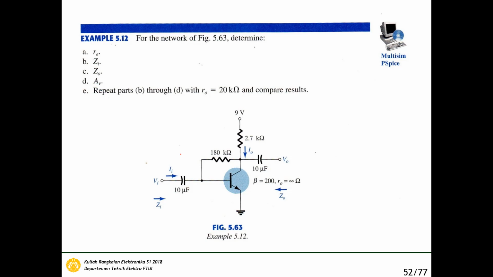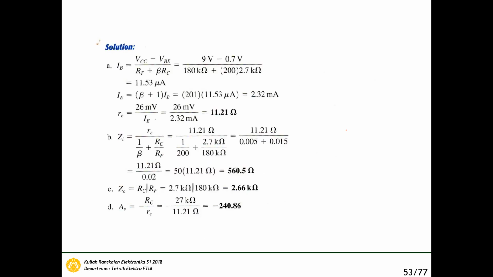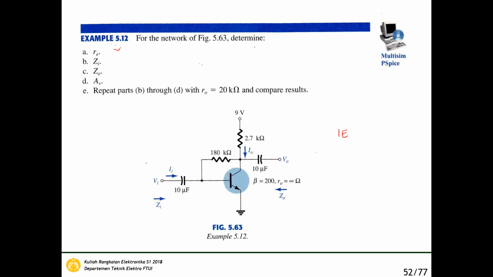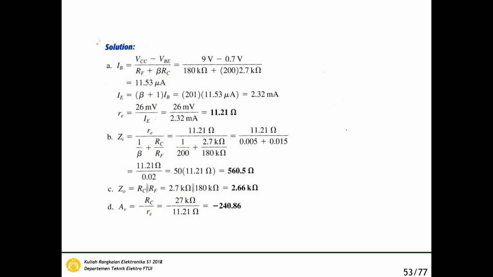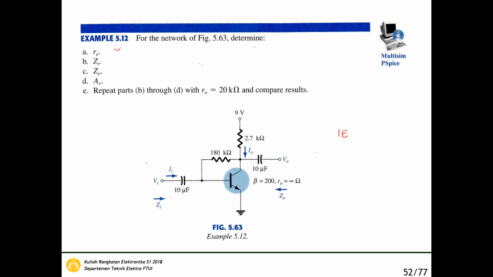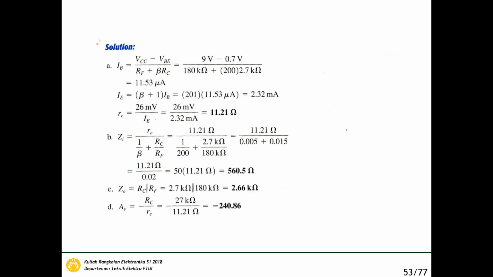So for this network, determine these parameters. The first one, we have to calculate RE, so we have to calculate the IE here. So for IE, VCC minus VBE per RF plus beta RC. We already discussed this in the DC analysis for the feedback.